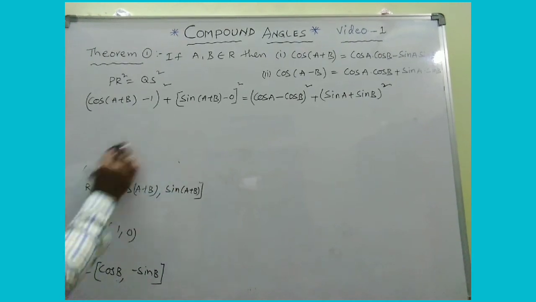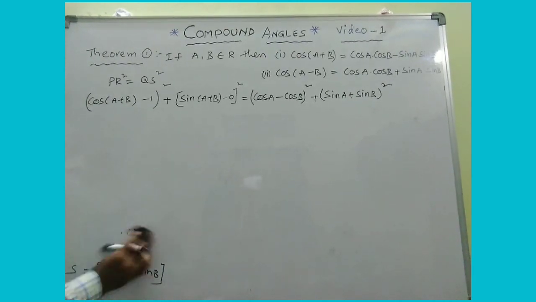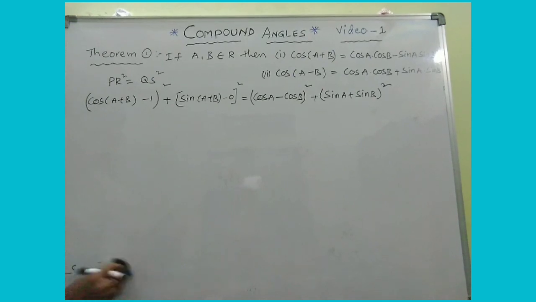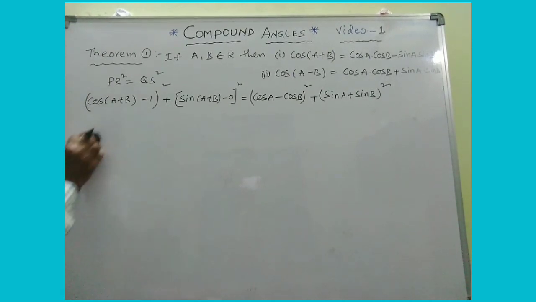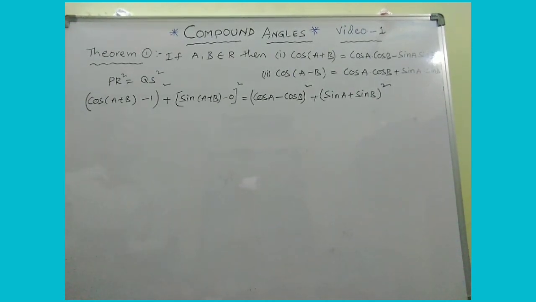Now simplification is a very important point here. It is also very easy. Just go with a plus b whole square or a minus b whole square. This is a minus b whole square, no?